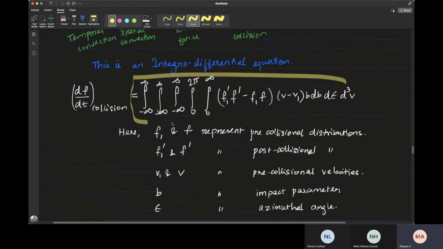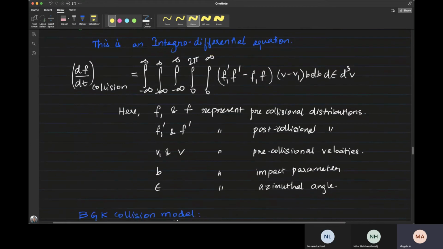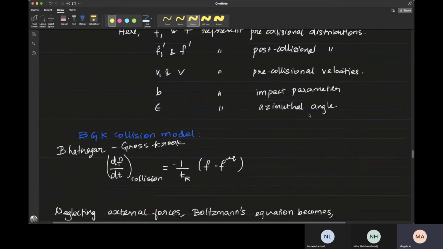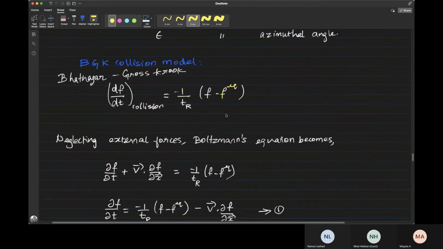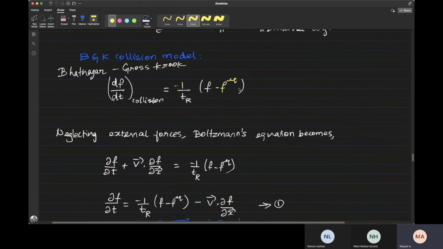They took off this collision operator, that is this complex integral, and they wrote a simple function, just minus 1 over tau_R into (F minus F equilibrium). They define F equilibrium to be some function. This is a nonlinear function. We'll see how it becomes nonlinear later.